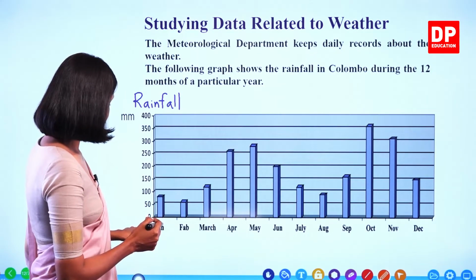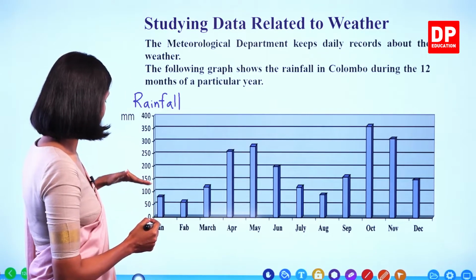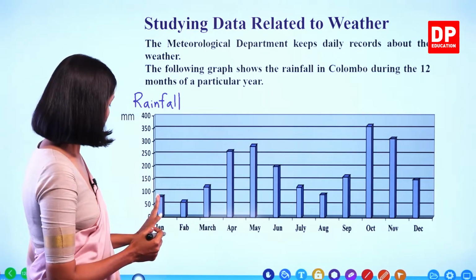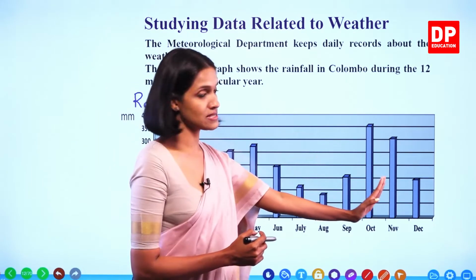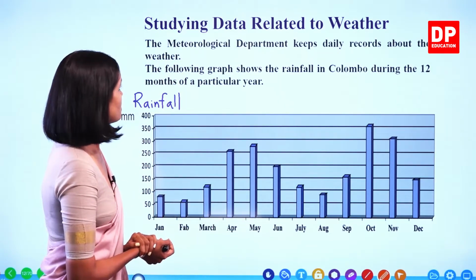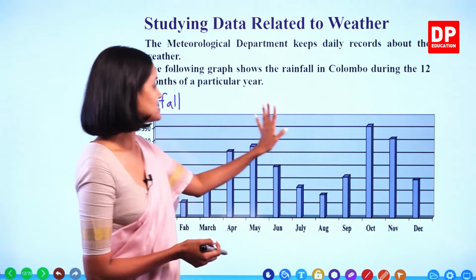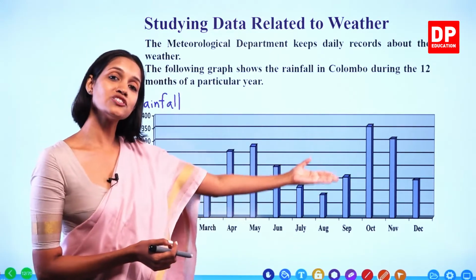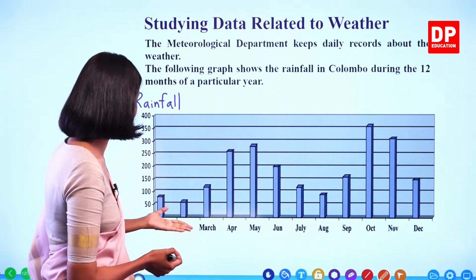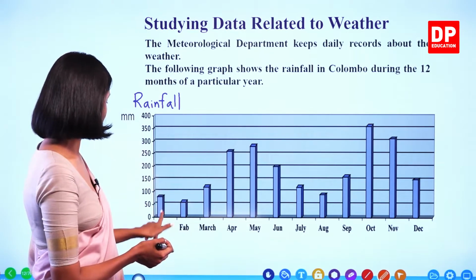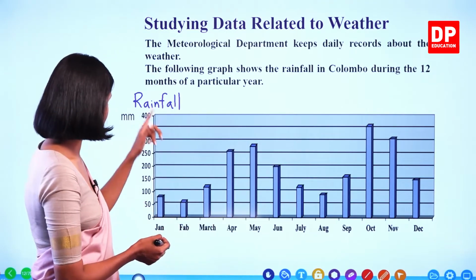Now here the y-axis starts from 0, 50, 100, 150, 200, likewise it increases, okay? Now here from January to December, one whole year, right? So by looking at this, we can easily get an idea what the highest rainfall is, what the lowest rainfall is, likewise. We'll look at this one. Now look at this, January. The month of January, what is the rainfall?